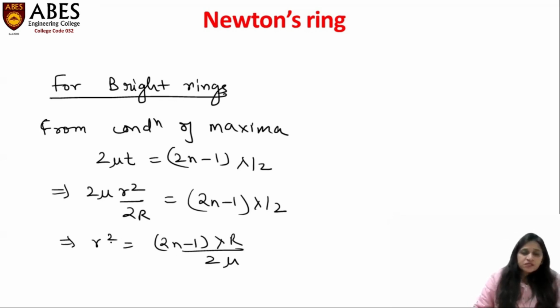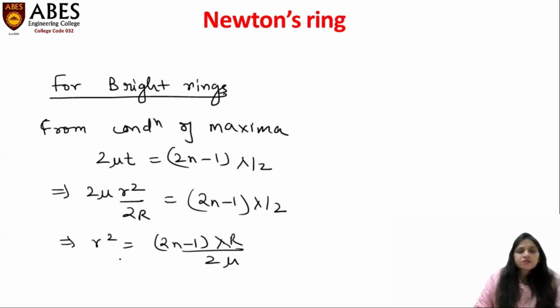Now look here, students, that lambda is constant, R is constant, mu is constant, because suppose there is an air film of refractive index mu. No doubt, over here it is an air film, the value of mu will be 1. And 2 is also constant, so the radius depends on n.